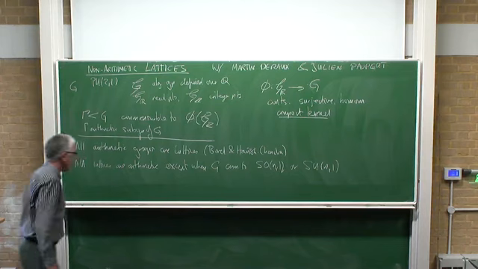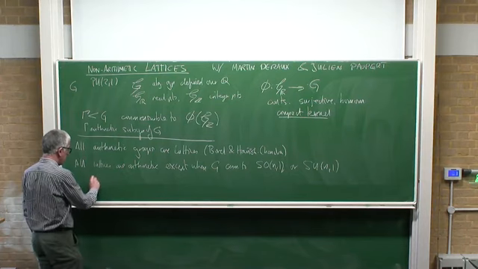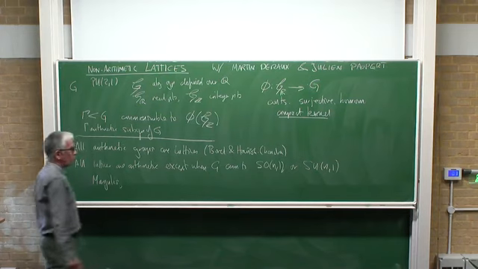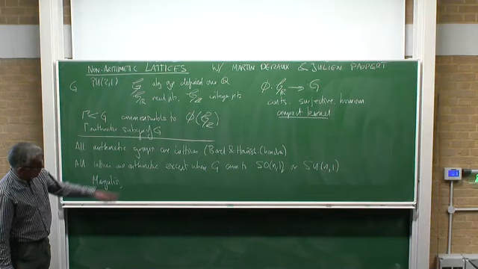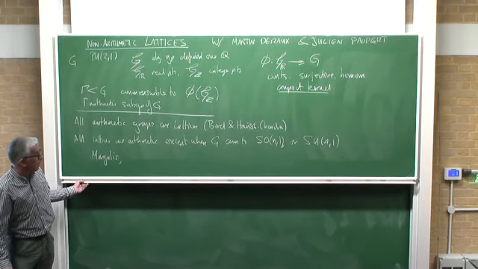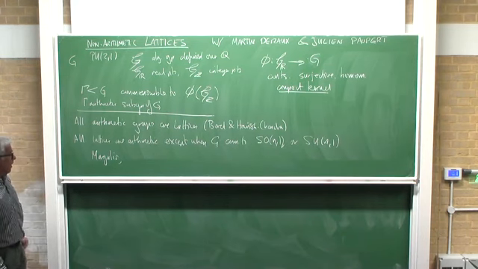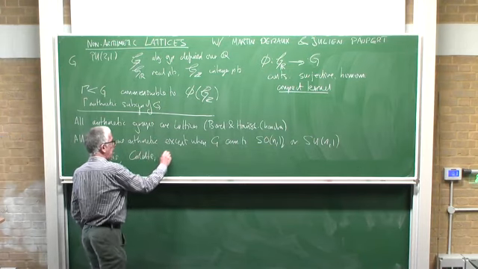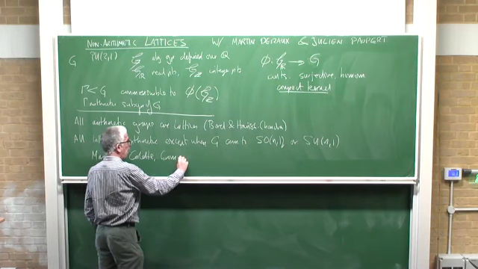So for higher rank, that's Margulis, and for the other rank 1 groups, which are Sp(n,1) and F4(-20), that's due to Corlette and Gromov-Schoen.